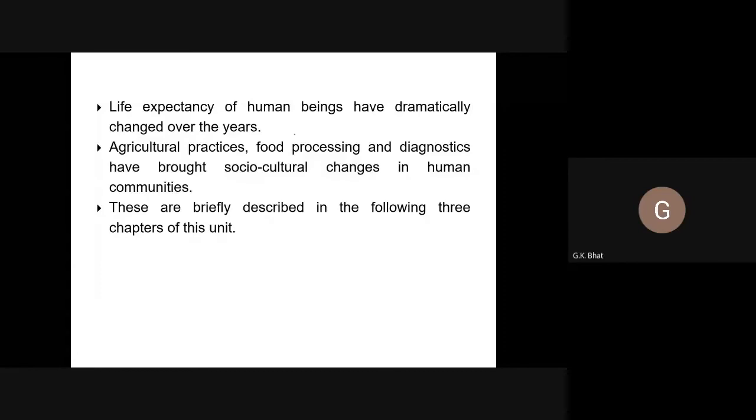Life expectancy of human beings has dramatically changed over the years. Now you see a lot of old-aged people still healthy, doing their work on their own. Agriculture practices, food processing, and diagnostics have brought socio-cultural changes in human communities. These are briefly described in this chapter.